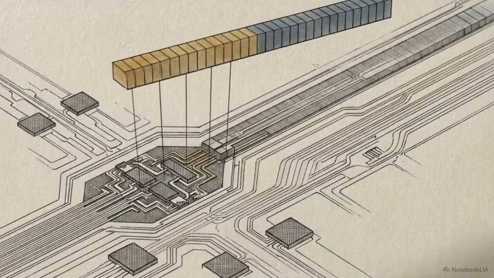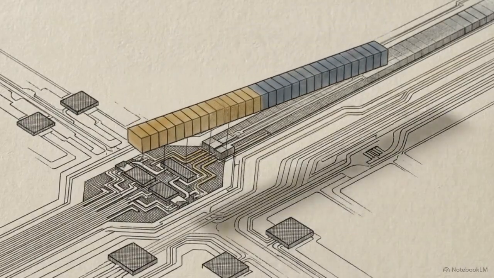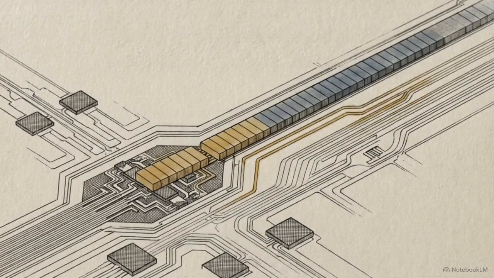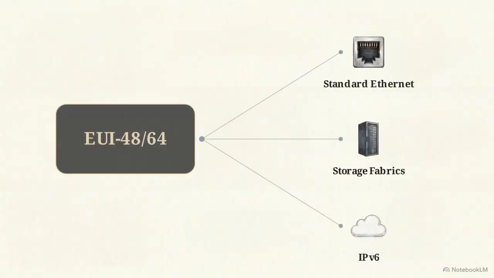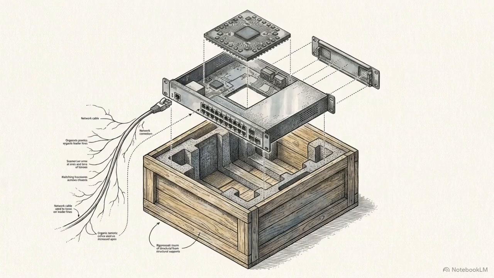We have traced the MAC address from a standardized prefix to an active flag that physically drives switching logic. The EUI format provides a flexible identifier that encapsulates across standard Ethernet, high-speed storage fabrics, and into automated IPv6 environments. Because the protocol operates on implicit hardware trust, security is never guaranteed out of the box.